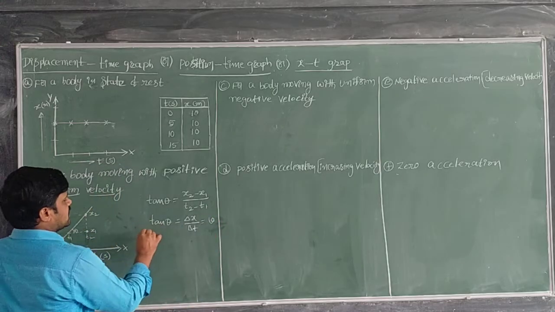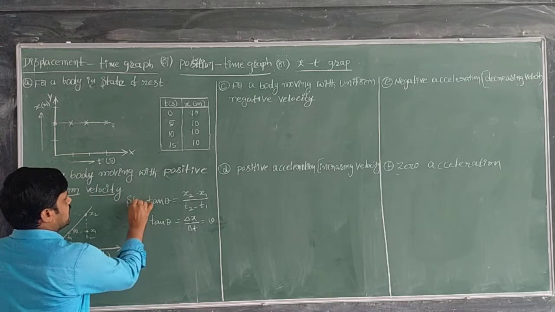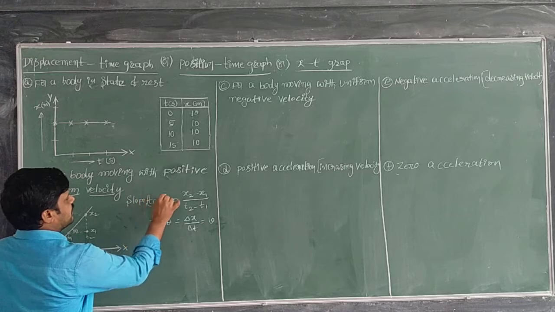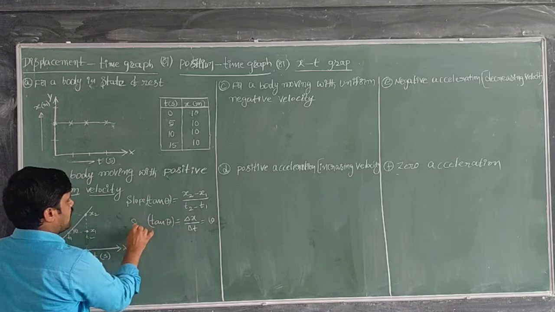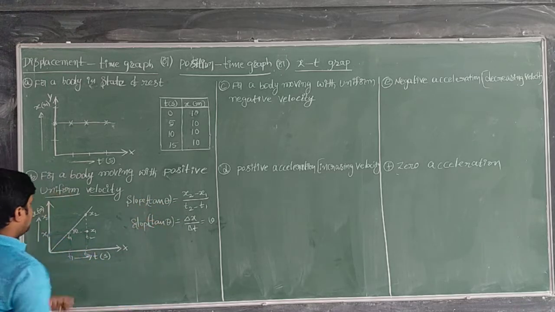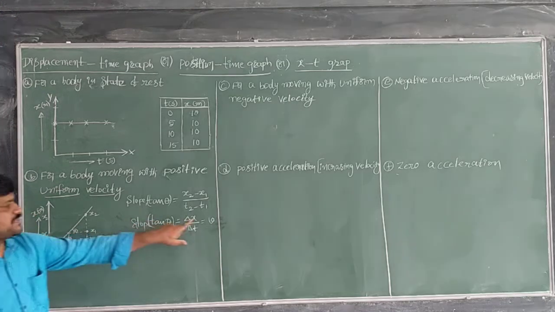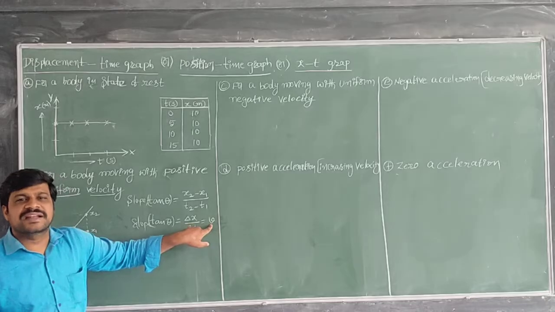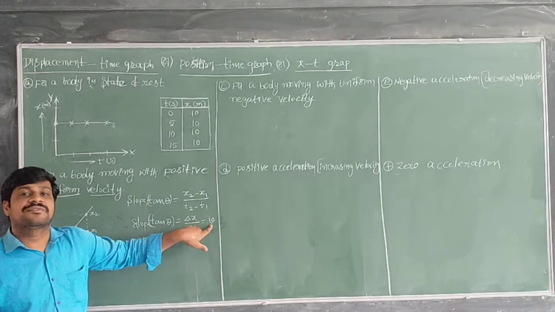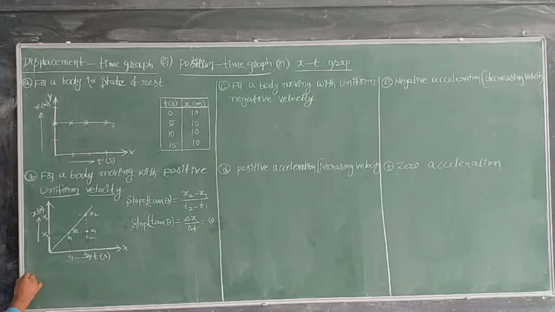That means the slope, tan theta, of the displacement-time graph indicates velocity.